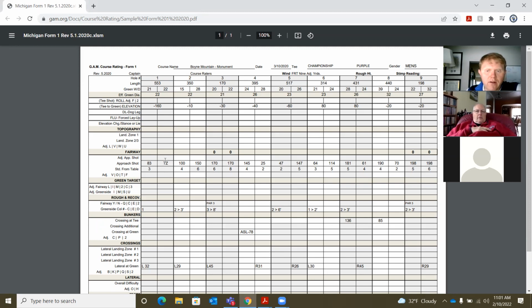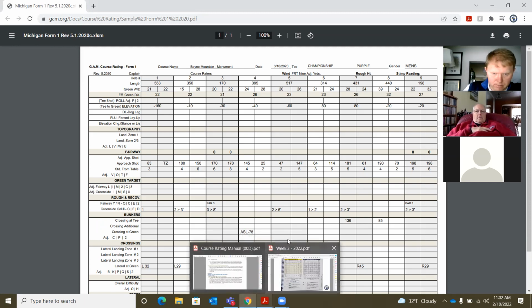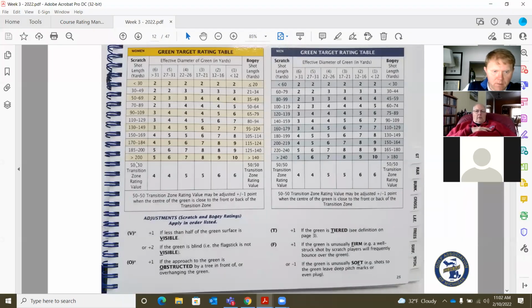And then there's the other scenario that comes up, this concept of a TZ, or a transition zone. If you see this on your Form 1, you'll know that you have to look up the green target value. If you go to your chart, at the bottom there is a 50-50 transition zone rating value.